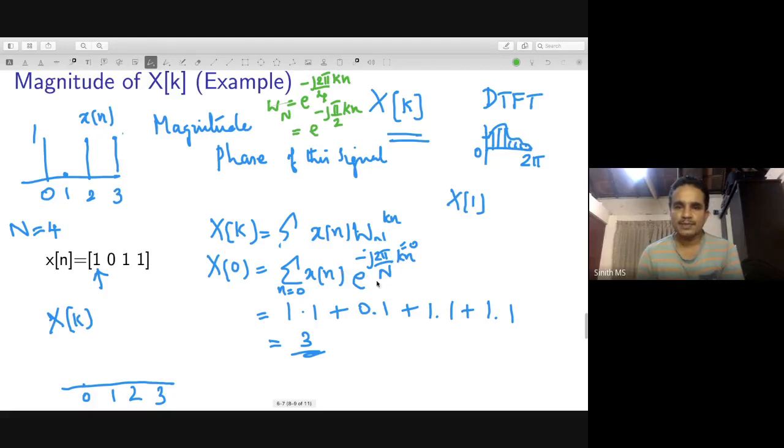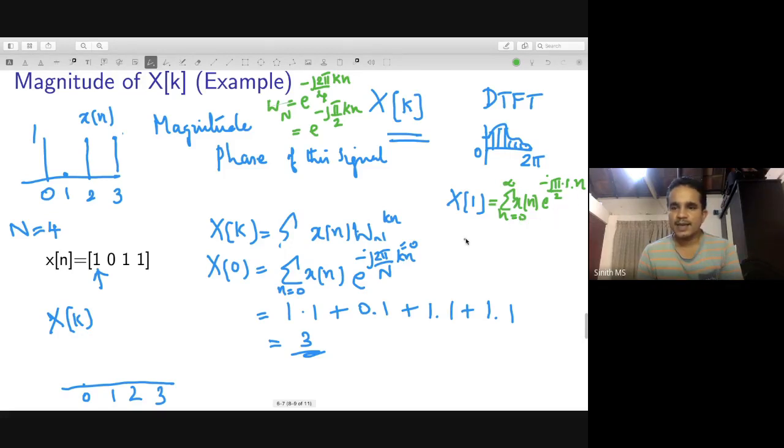So this equation, for X[1], what will be X[1]? Sigma x[n] e raised to minus j 2 pi by N into kn, and k becomes 1 now. So I will write this as x[n] e raised to minus j pi by 2 into k, which is basically 1. So k is 1, n takes different values, n varying from 0 to 3. So let us give different values.